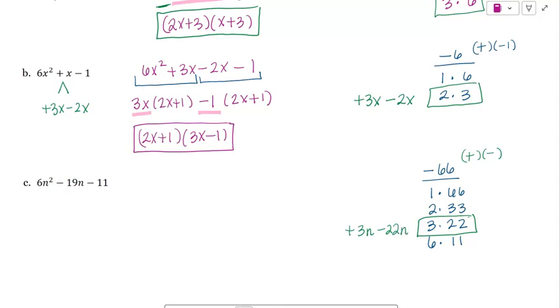So then I split the middle term into those two numbers. Plus 3n minus 22n. All right, let's rewrite what we have. 6n squared plus 3n minus 22n minus 11.